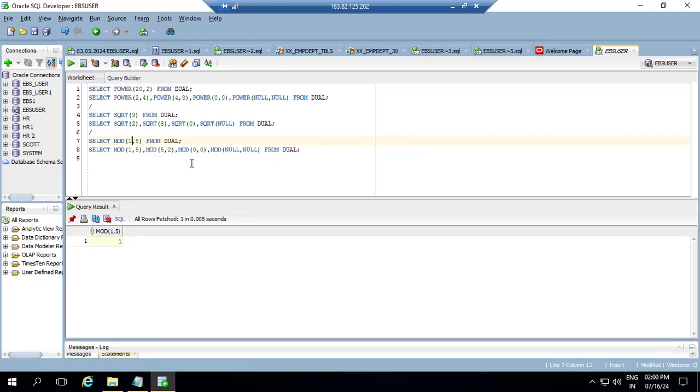You're dividing the value by the divisor, which is 5. Value is 1, dividing by 5. What about 2, 5? Here 2 is the value, the number, and 5 is the divisor. So we should divide 2 by 5.